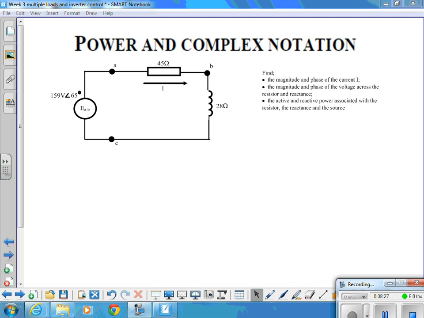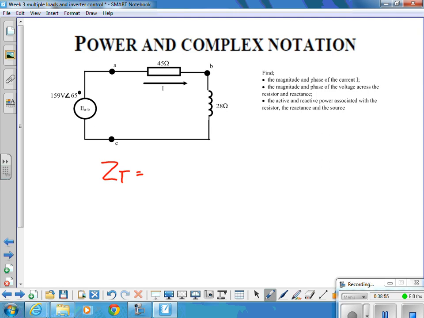So what is ZT in this circuit then? It's 45 ohms, that is. Can we just add them two together?